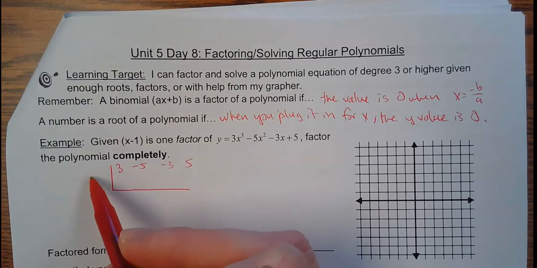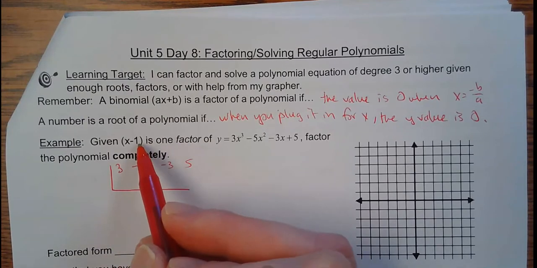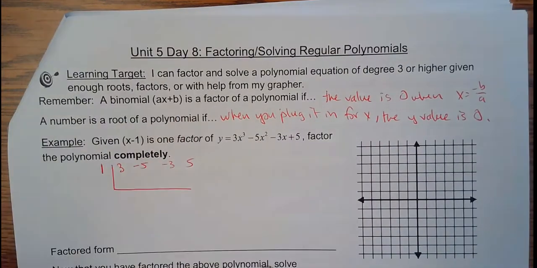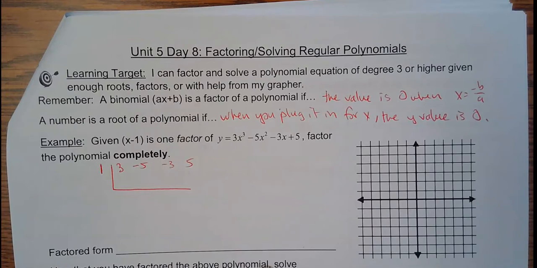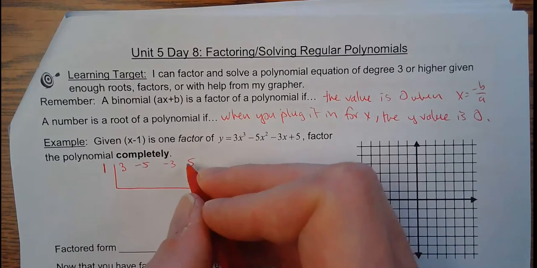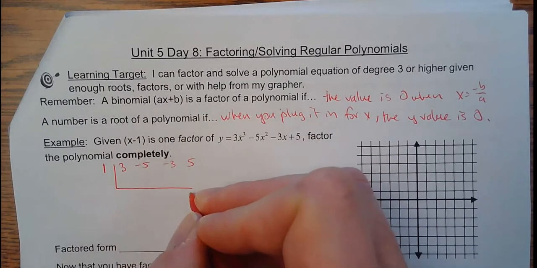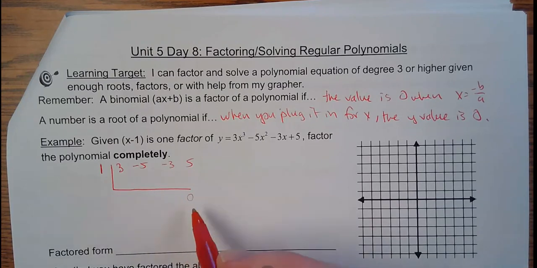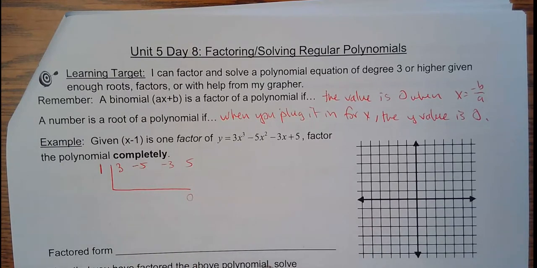And out here, I was told that x minus 1 is a factor. That means 1 is a root, because what would make that equal to 0 is a root. And I already know, because I've been given this factor, this better be 0 when I'm all done. If it's not, I messed up. Because if it is a factor, when you divide it, you don't have a remainder. And that last column is always a remainder.